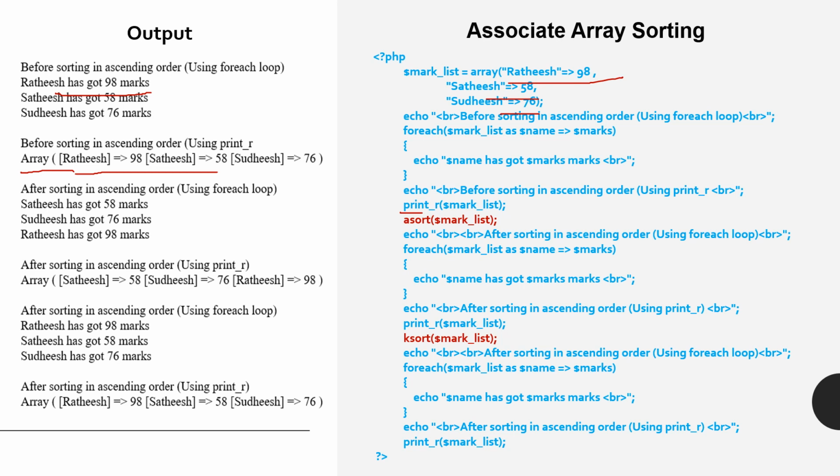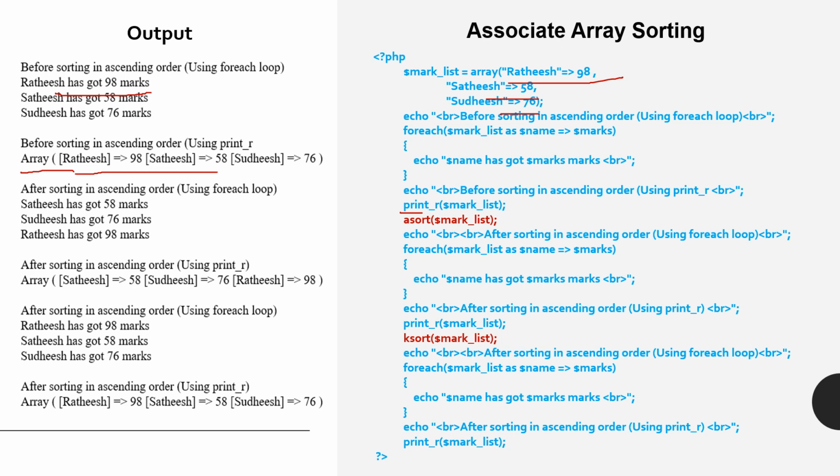Using ordinary echo, the output will be like this. This is the difference. So before sorting, this is what it looks like.